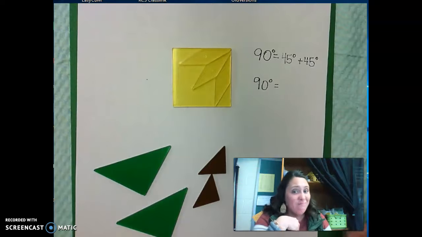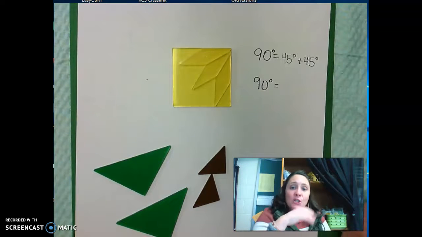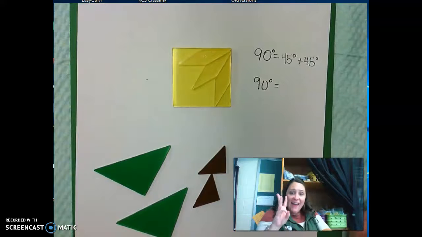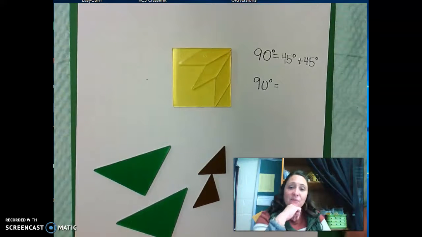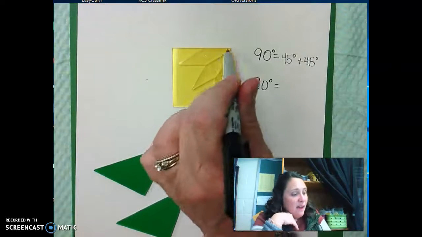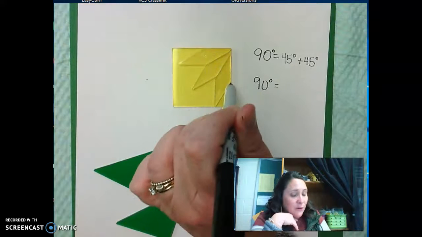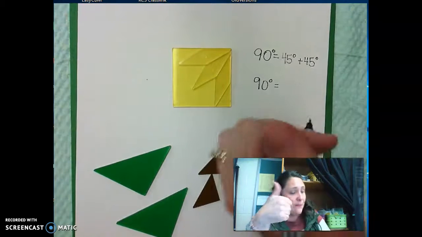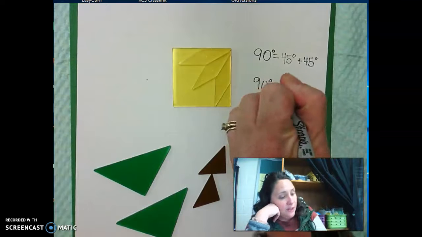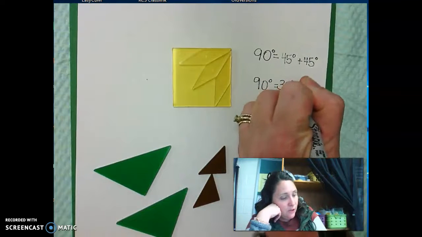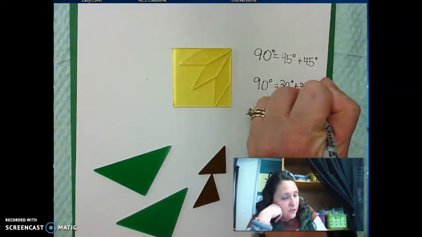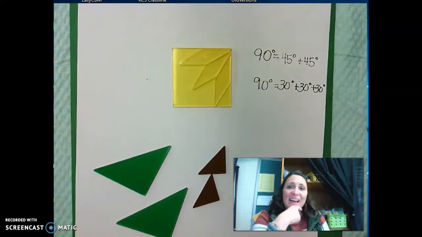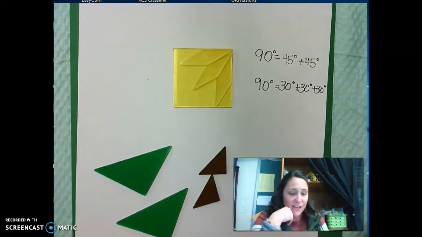Think about it. Same size, same shape. We're going to be adding three of the exact same numbers. So what three numbers could I add together that would give me 90? If you said 30, nice job, 30 degrees. So 30 degrees plus 30 degrees plus 30 degrees equals 90 degrees, which is a right angle or a 90-degree angle.